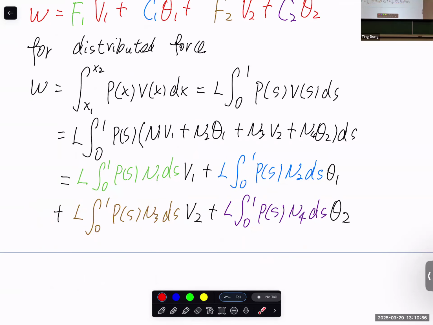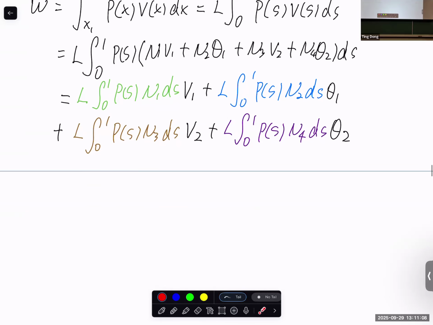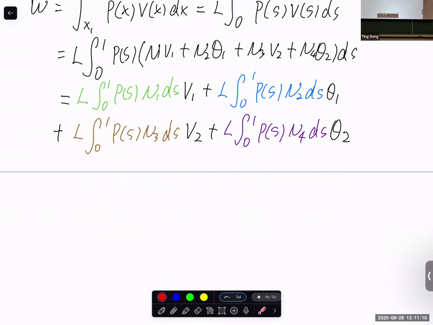Of course, in class, I can do a simpler example to show you how to do this calculation. The simplest example I can consider is a uniformly distributed force. So let's assume it's uniform, of course PS equal to a constant. Let's set it equal to P. It doesn't matter, you can use it later.